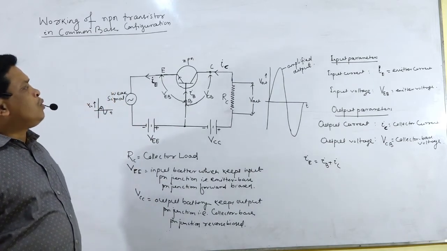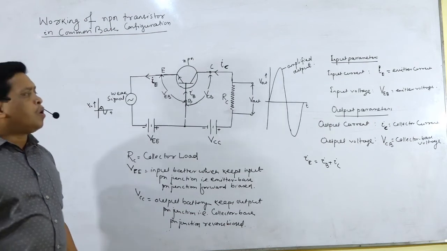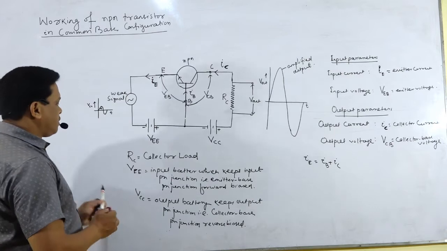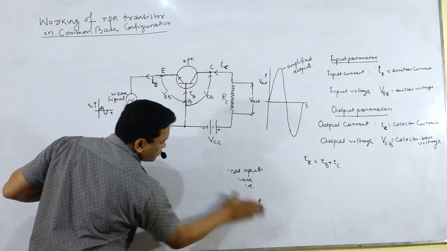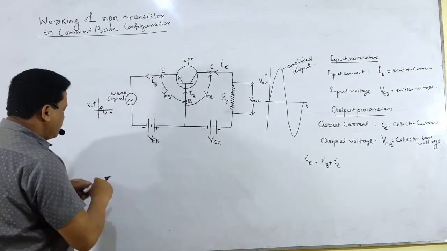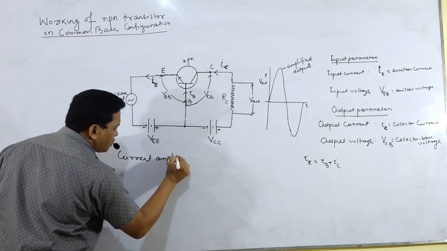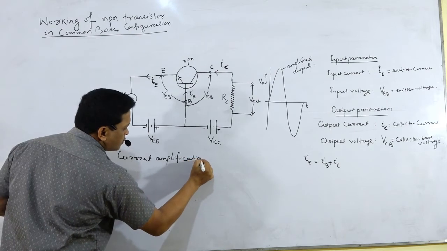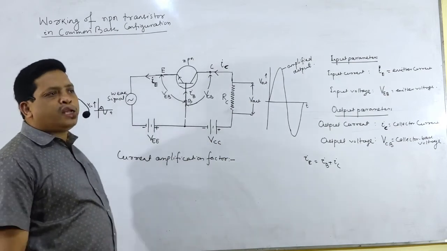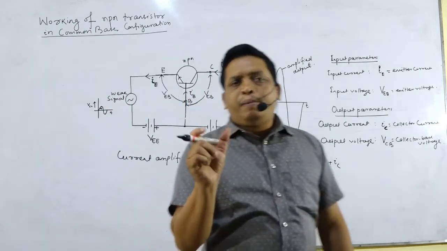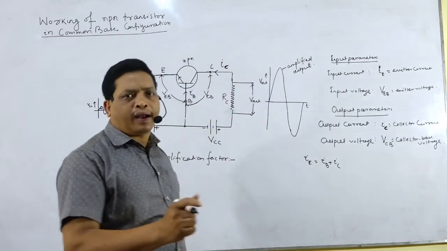Okay, now we shall discuss its current amplification factor. What is current amplification factor? The general definition is like this. Current amplification factor is the ratio between output current to input current.